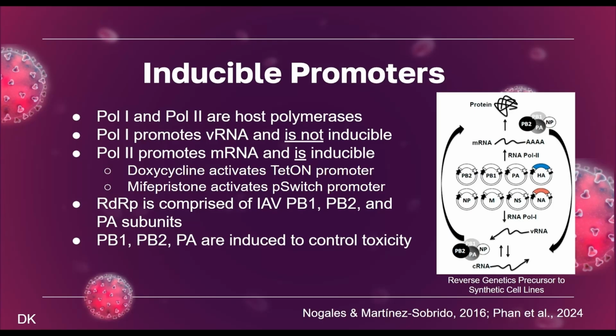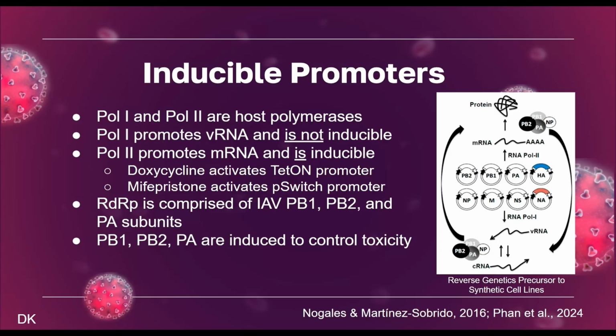And the 2 chemical compounds that they use to induce the mRNA are doxycycline, which activates what they call the TET-on promoter, and mifepristone, which activates the P-switch promoter. And the reason they use 2 different promoters is that it allowed them to get greater control over the process.